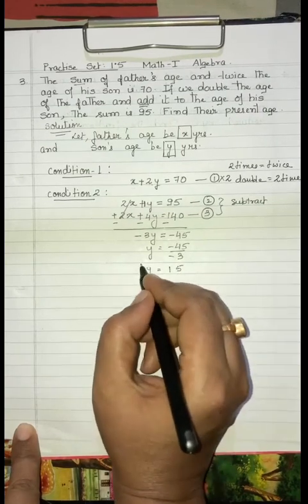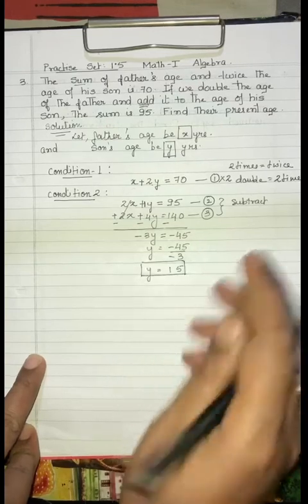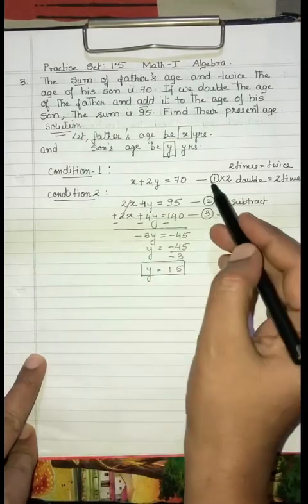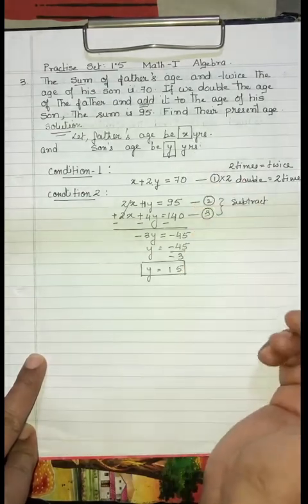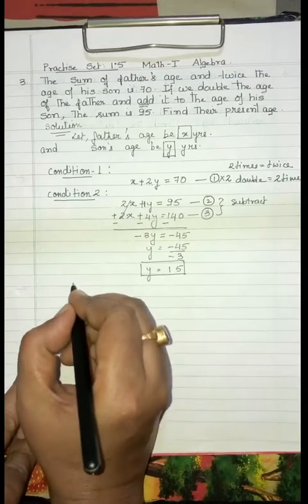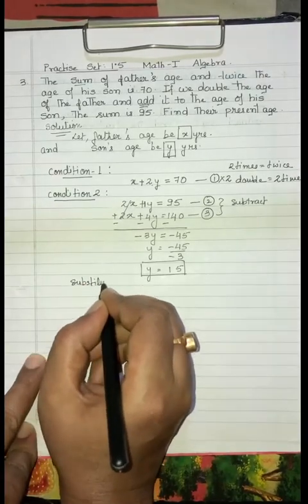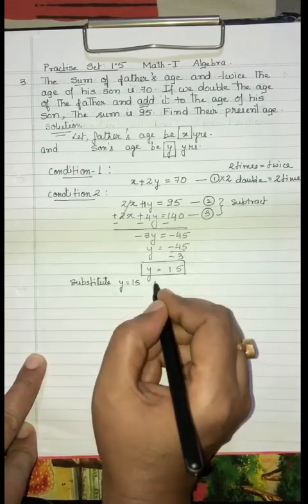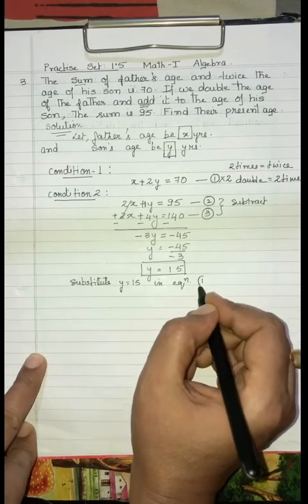Okay, you got y as 15, children. Now once you got the value of y, substitute it in any one of the equations and get the value of x. So substitute y is equal to 15 in equation 1. I am putting it in 1.